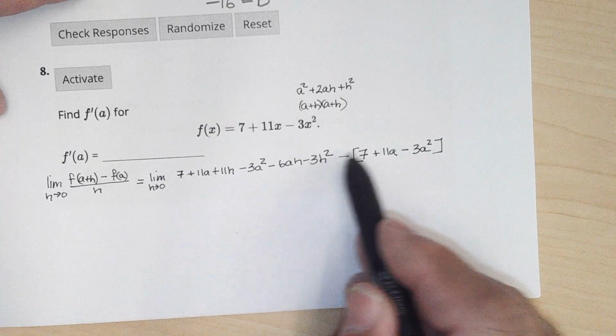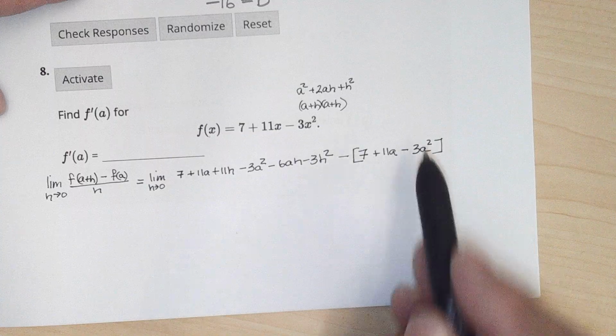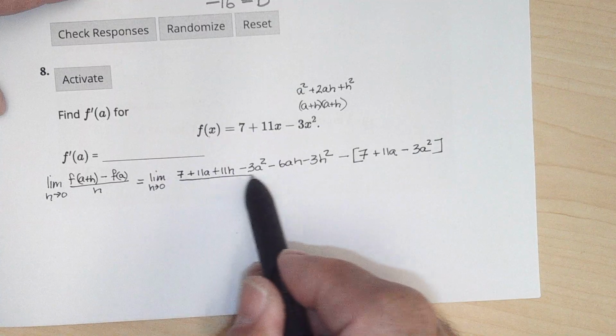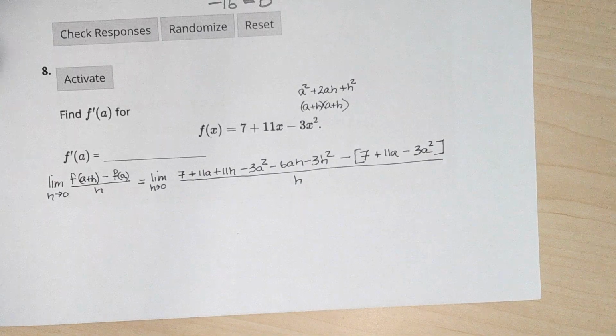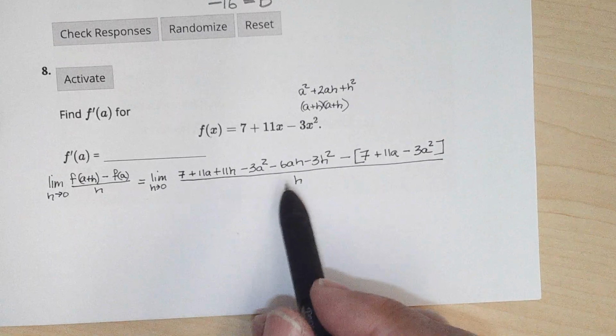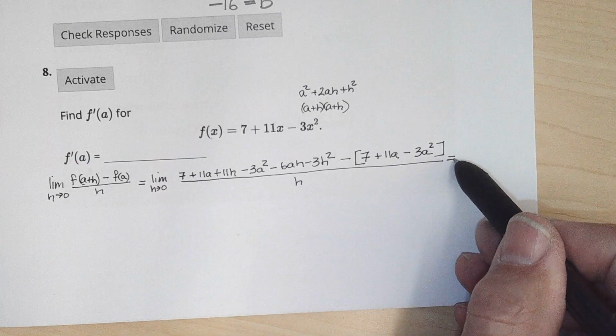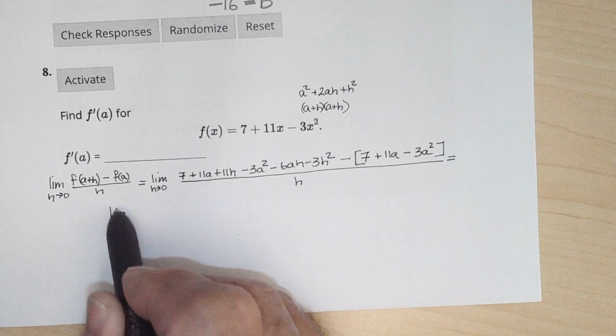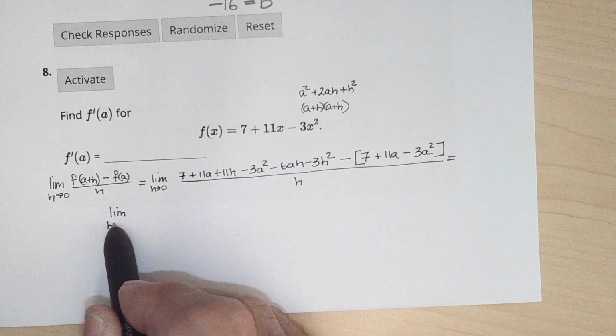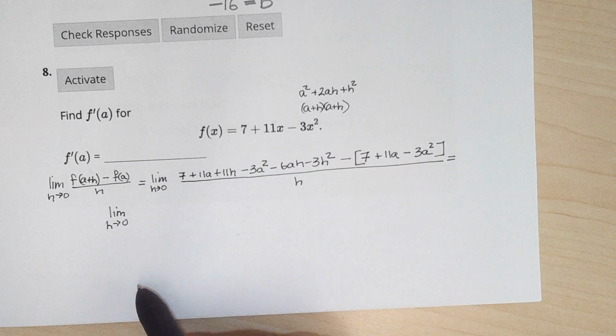So subtracting that, subtract that, and add that. And this is all over h. So I'm hoping a lot reduces here. And so this becomes the limit as h approaches 0.